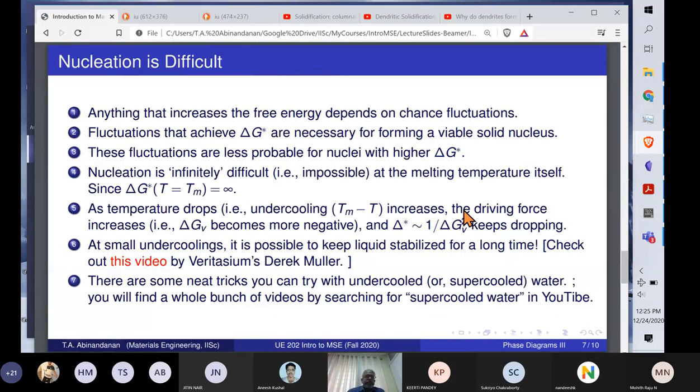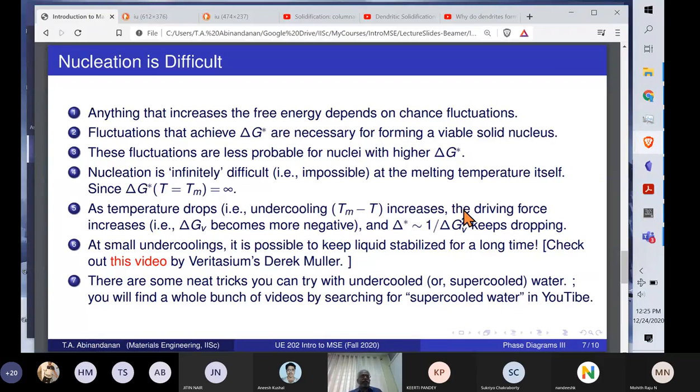The main thing, of course, is that nucleation is difficult. Why is it difficult? It is difficult because anything that increases the free energy depends entirely on chance fluctuations. Then we are now talking in terms of probabilities.